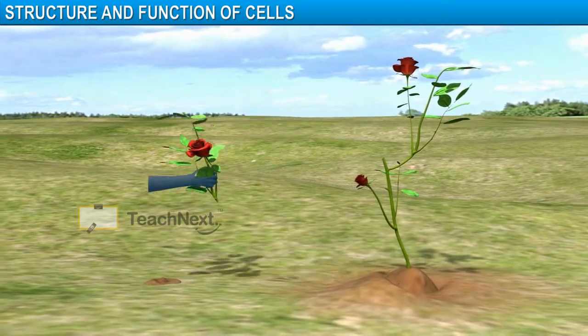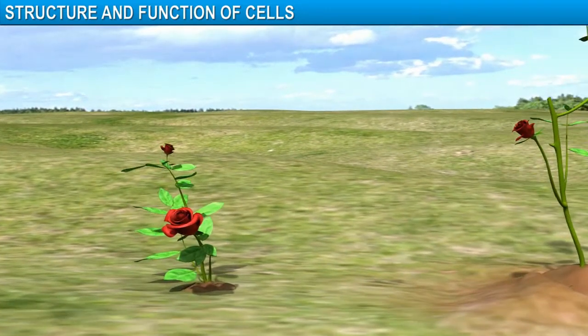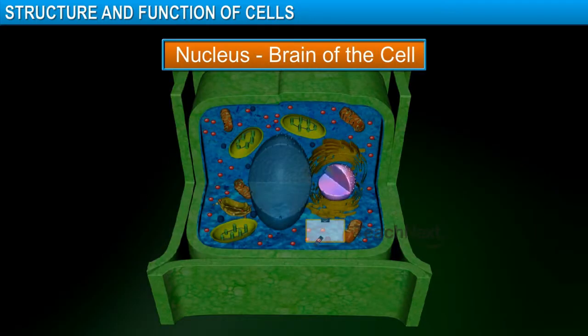Similarly, plants also transfer their characters to their offspring through genes. Nucleus, in addition to its role in inheritance, acts as the control center of all the activities of the cell.